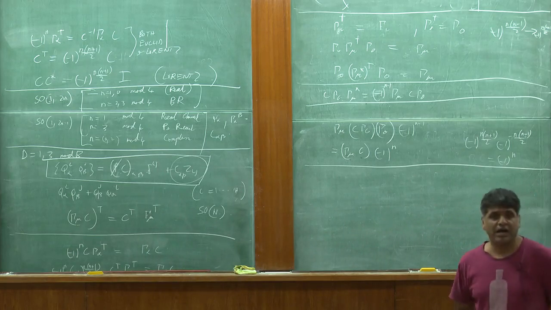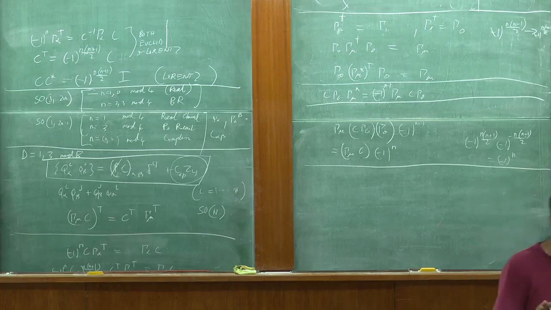Notice that the algebra is consistent as long as the central charge commutes with all supersymmetries, commutes with everything. As long as the central charges commute with everything, the algebra is consistent whether the central charge is there or not.